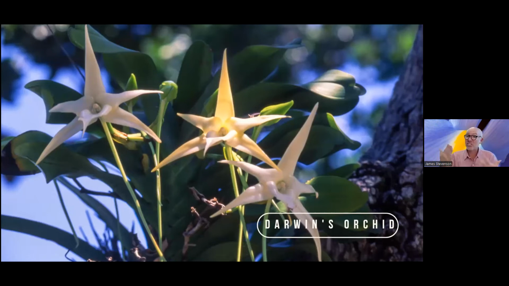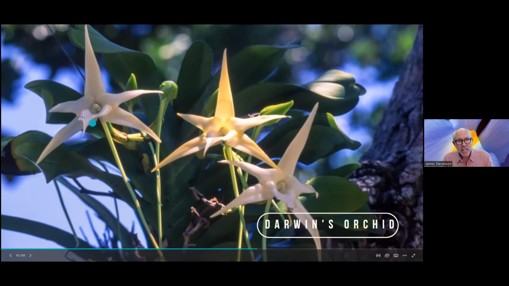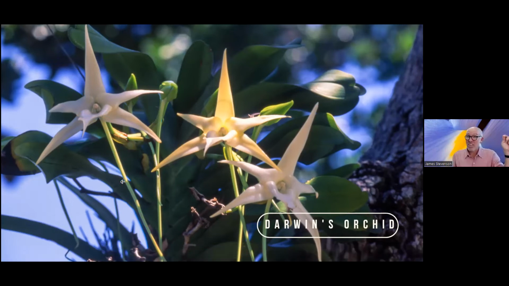It has that bilaterally symmetrical flower, and it also has an incredibly long spur. This greenish white structure that I'm drawing the dot or arrow, whichever you see, down along, that is a spur that's something like 22 inches long attached to an orchid.